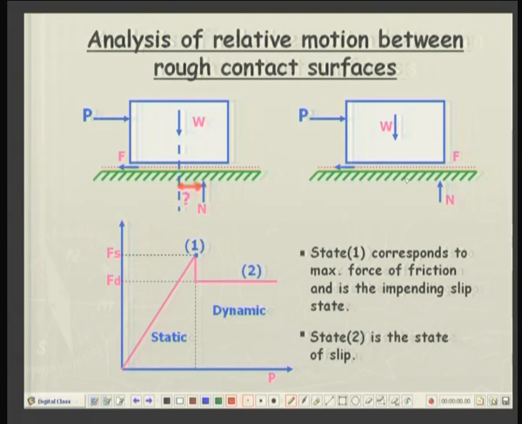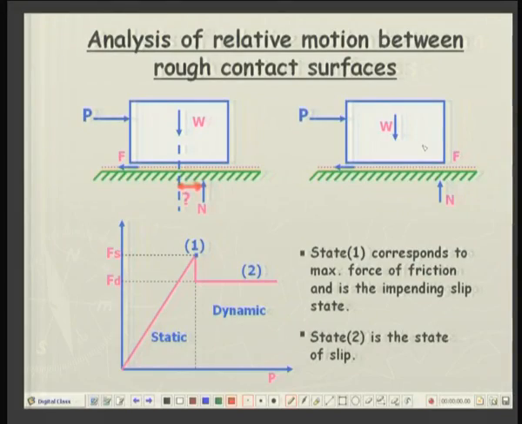So, at any stage the normal reaction will adjust at a distance from W in such a manner that the body is maintained in equilibrium, till the critical state comes that N is passing through the edge of the box, because if it goes outside this, then it is no longer acting on the block. So, these are the gradual stages of this simple thought experiment.